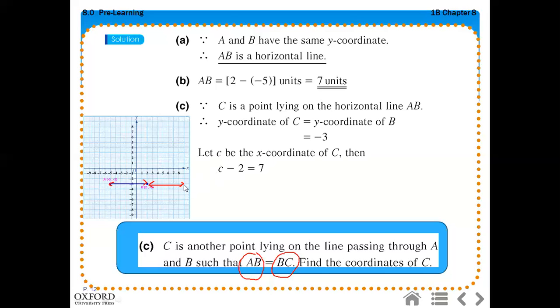C is on the right-hand side, so c is larger, while 2 is smaller. So c minus 2 is equal to AB, which is 7. So I can find the unknown c. So the coordinates of C are (9, -3). Okay, let's have a look.